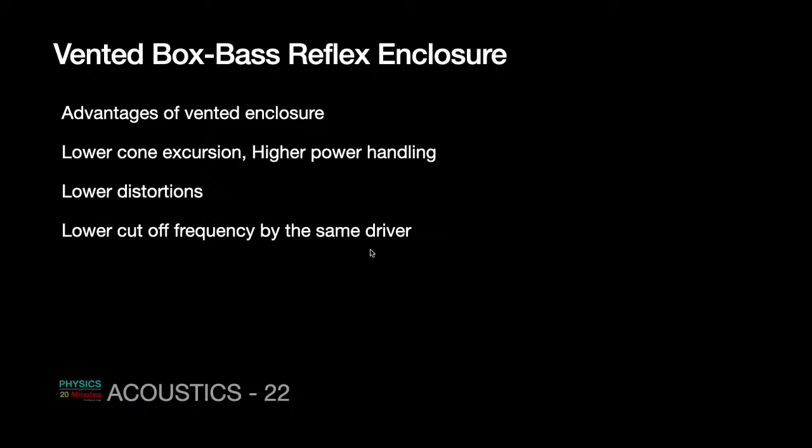It also gives a lower cutoff frequency with the same driver. We have seen in the previous graph that if it's a vented enclosure, then the low frequency output improves and you get lower cutoff frequencies. And high efficiency by the same enclosure: the same enclosure gives you higher power handling and higher efficiency as well.